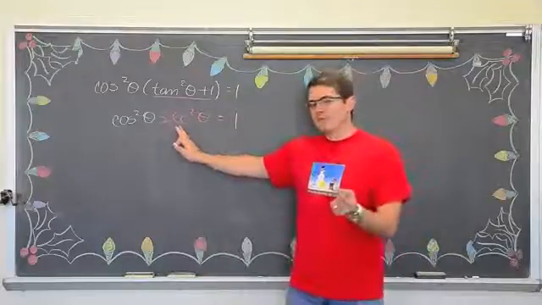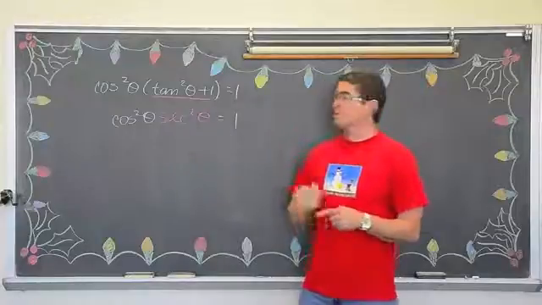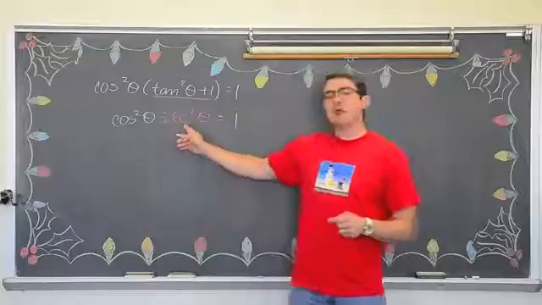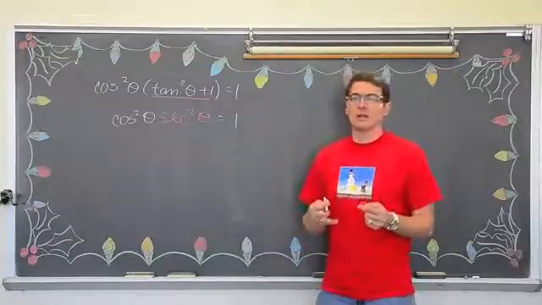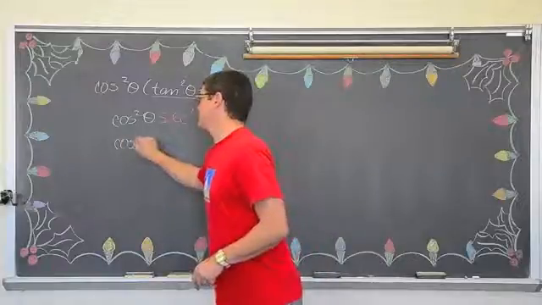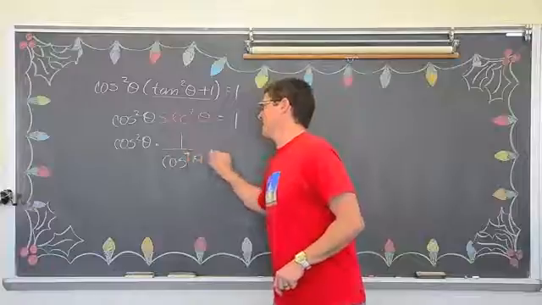Secant, the reciprocal functions that I just erased, or the reciprocal identities, secant is the reciprocal of cosine. Instead of being x over r, it's r over x if you're dealing with the unit circle. Well, here we can write this as the cosine squared theta times 1 over cosine squared theta equals 1.